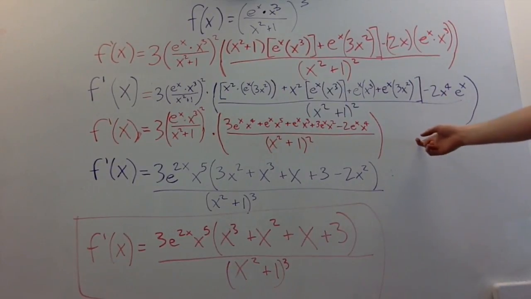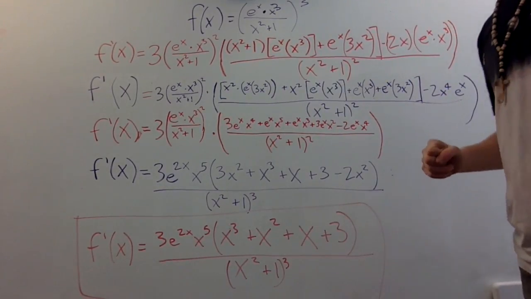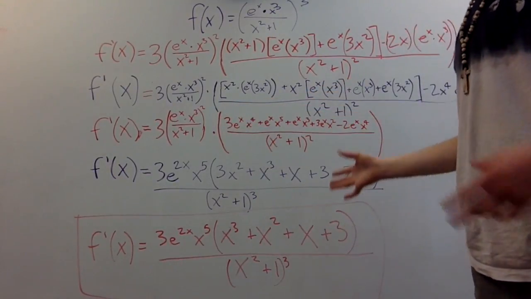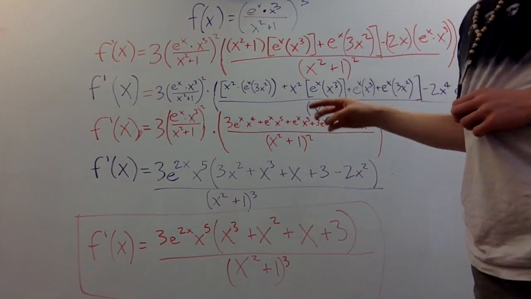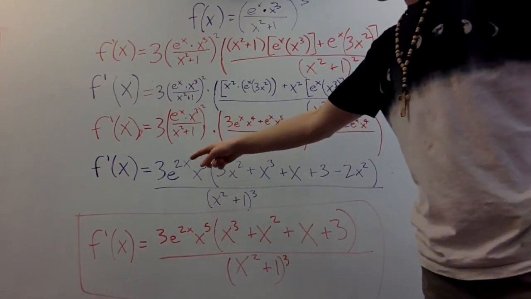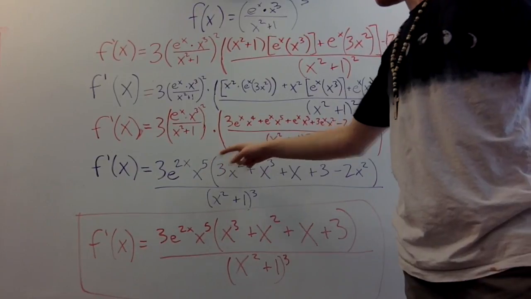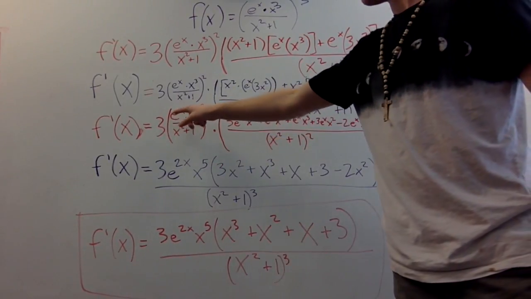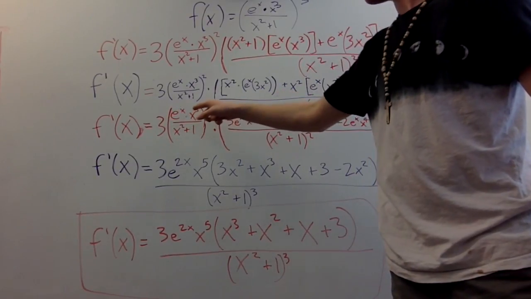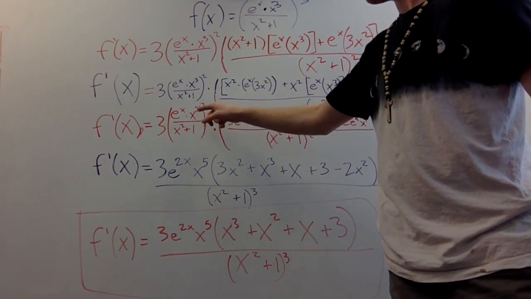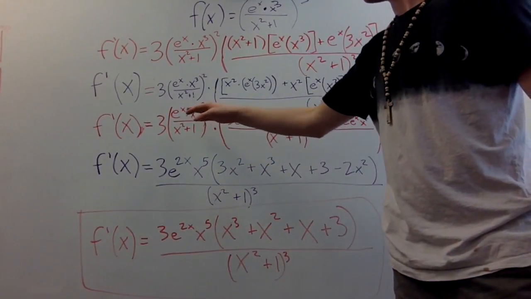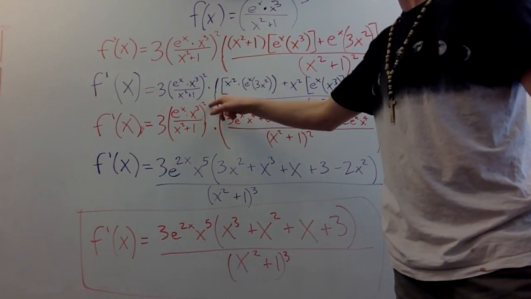So after you got this step, you're going to multiply these two together, and because of simplifications and factoring out, we can factor out 3 e to the 2x, x to the fifth from here, which is what this numerator is actually equal to, because it's 3 times e to the x times x cubed, but the x cubed is squared, so it's 3 e to the, oh sorry, e to the 2x, because the e to the x is squared as well.